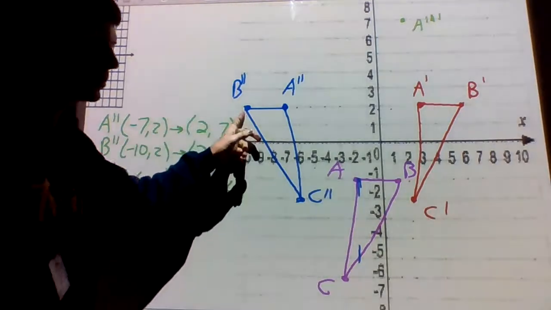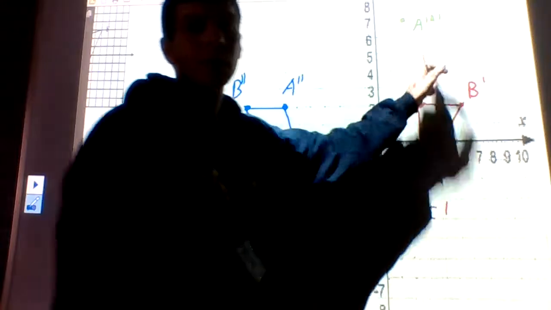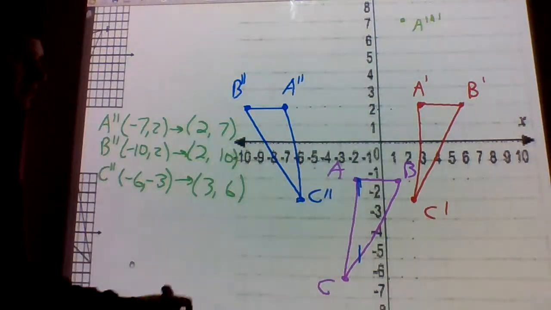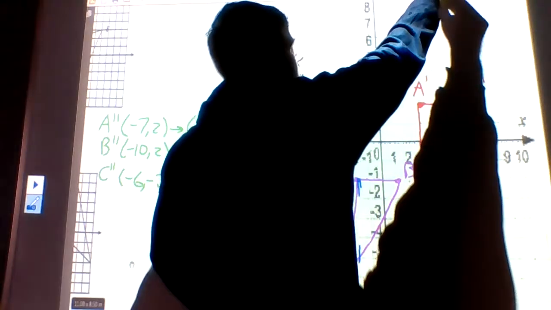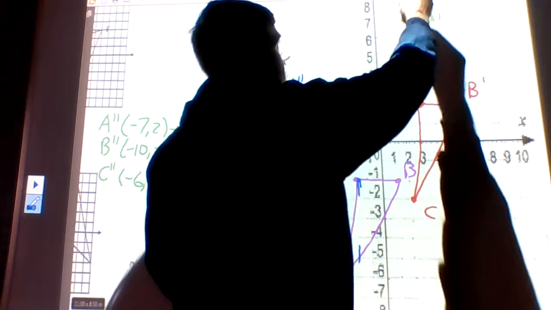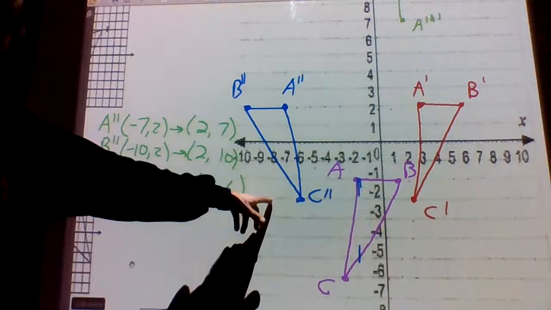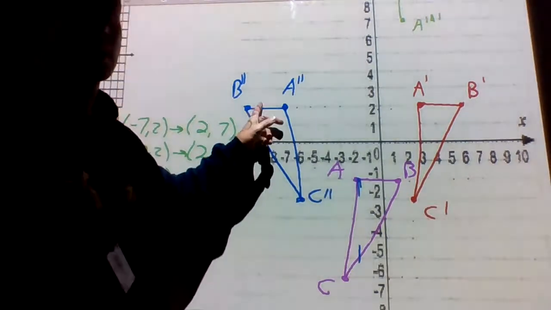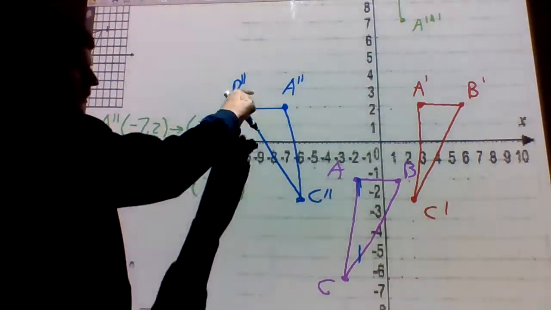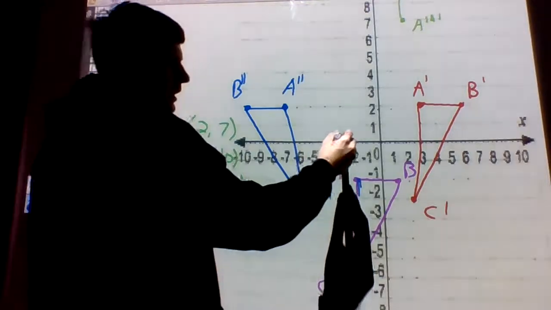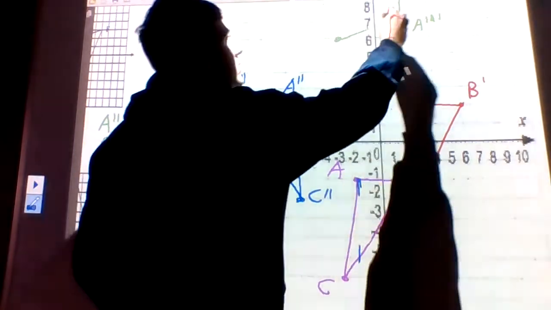B is also in quadrant 2, so when you rotate it 90 degrees clockwise, it's going to be in quadrant 1, so it's positive, positive. So 2, 10 would be somewhere here. That's B triple prime. And then C triple prime, that's in quadrant 3, so we rotate 90 clockwise, we're in quadrant 2. The signs for quadrant 2 are negative, positive, so it's going to be negative 3, 6.